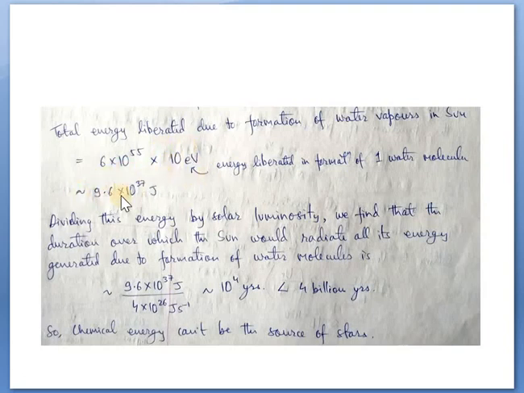Now if we divide this energy of 10 into 10 to the power 37 joule by the solar luminosity, we find that the duration over which the sun would radiate all its energy generated due to formation of water molecules is approximately 10 to the power 4 years, which is much smaller than the 4 billion years age of the sun approximately.